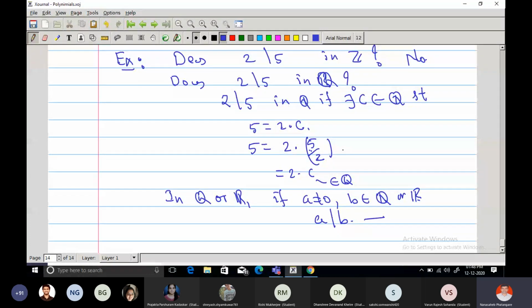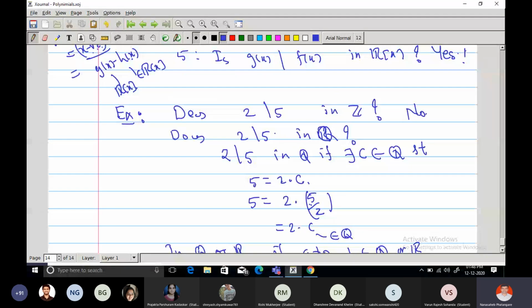Because there are non-trivial situations, that means there are elements which do not divide other elements. If every element divides any other element, then there is no charm or nothing to study. So divisibility is always studied about integers, not about real or rational numbers.